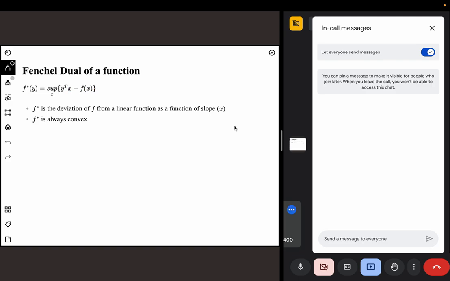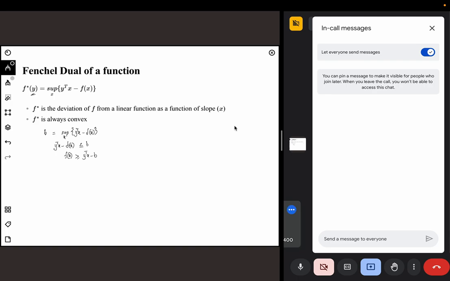To understand this clearly, let's say some quantity b equals the maximum, the supremum, of y transpose x minus f of x. If I'm saying b is the maximum value of this, what does that mean? It means y transpose x minus f of x will always be less than or equal to b. To put it in another way, it means f of x is greater than or equal to y transpose x minus b.